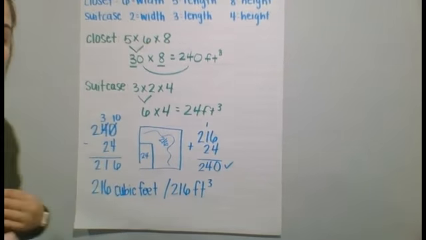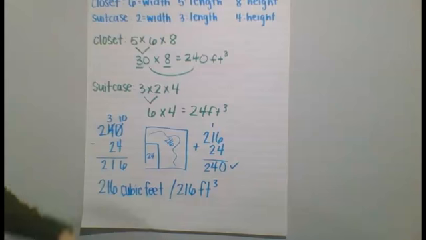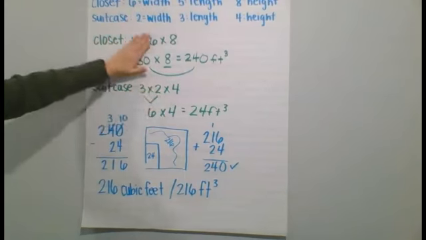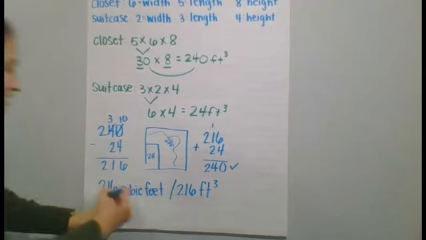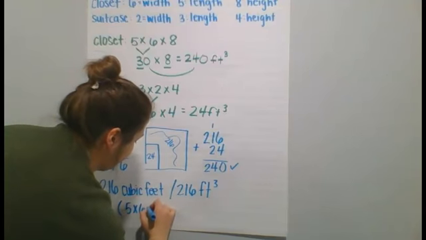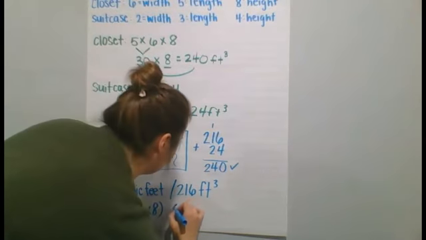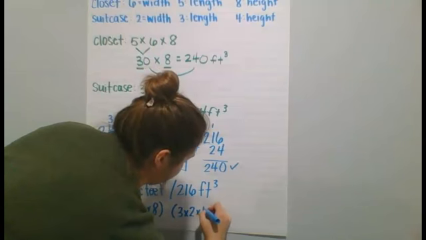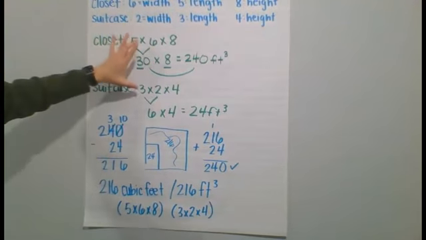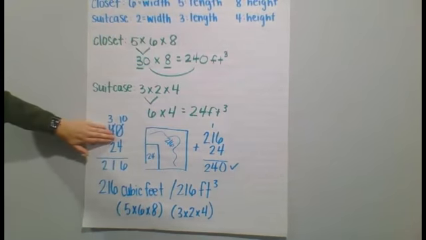And then let's do our number sentence. This is where I was talking about you want to make sure that you're doing that 5th grade quality work. You want to put all of this together. First things first, we want to make something that goes with the 2 of these. So I want to put together 5 times 6 times 8. And then I want to take 3 times 2 times 4. And what I did with these 2 problems, which is 240 and 24, is I subtracted them.